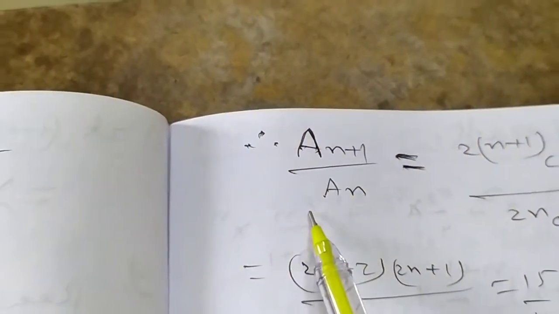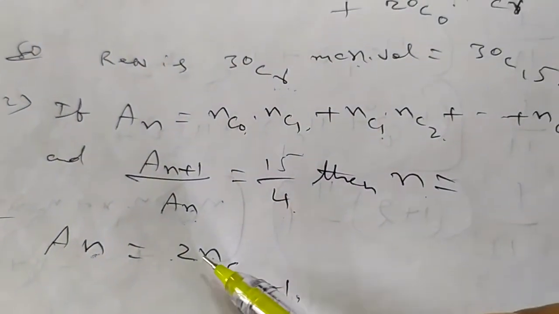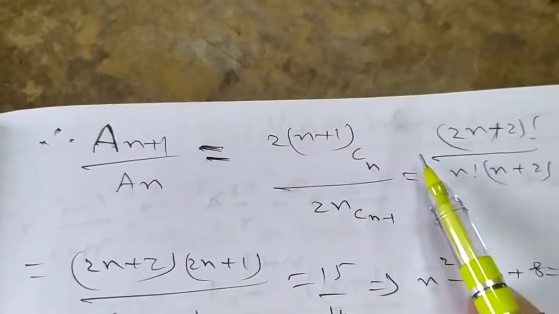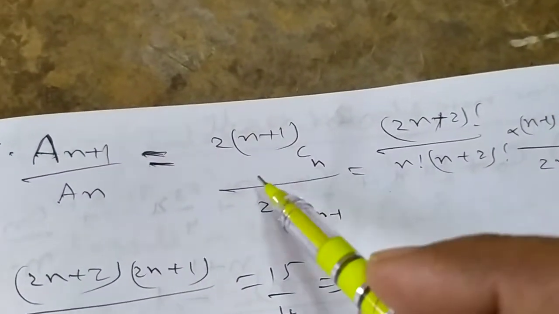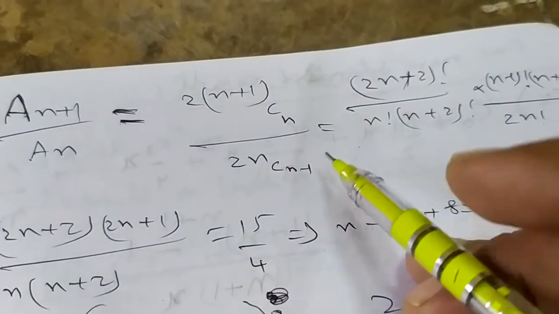Now required an plus 1 by an. In this formula, replacing n with n plus 1 gives an plus 1 by an. Now this is nothing but (2n plus 2)C(n) by 2nC(n minus 1).